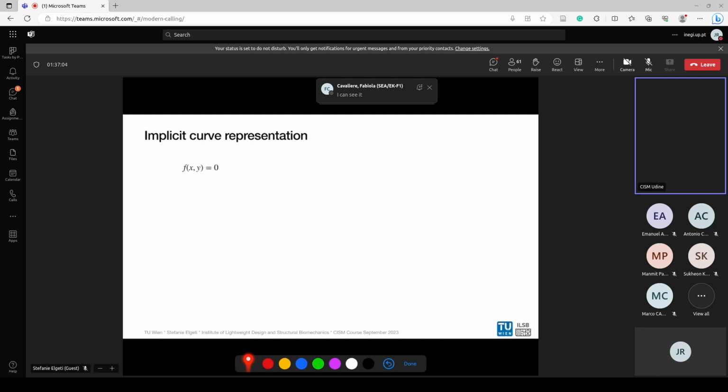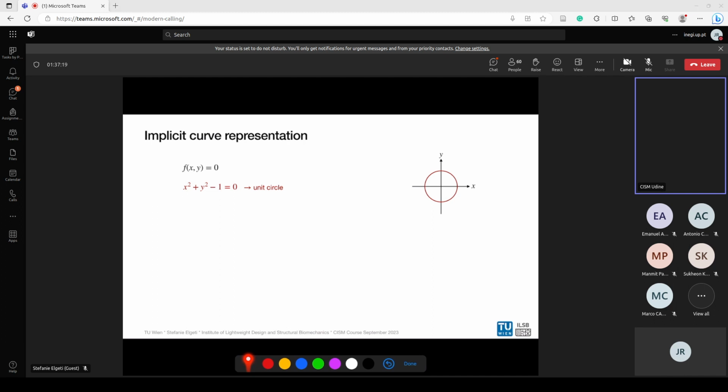That reduces the flexibility that we have. In implicit curve representation, we have a function of x and y, and the geometry is represented by the points where this function is 0. So if we look at the unit circle again, it could be x squared plus y squared minus 1 is equal to 0.